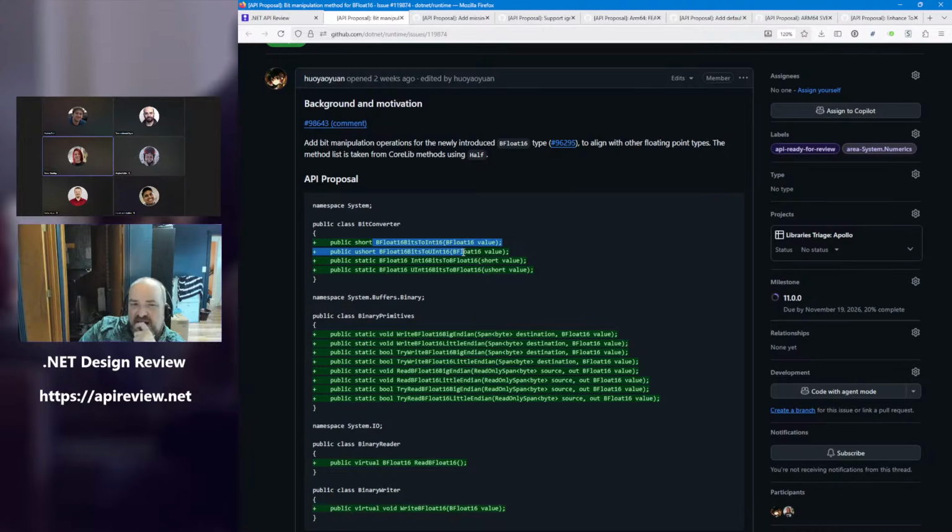Okay. I think these two were named wrong. Because I think the reinterpret cast is double to UInt64 bits, not double bits to UInt64. So I think the bits moves to the other 16.